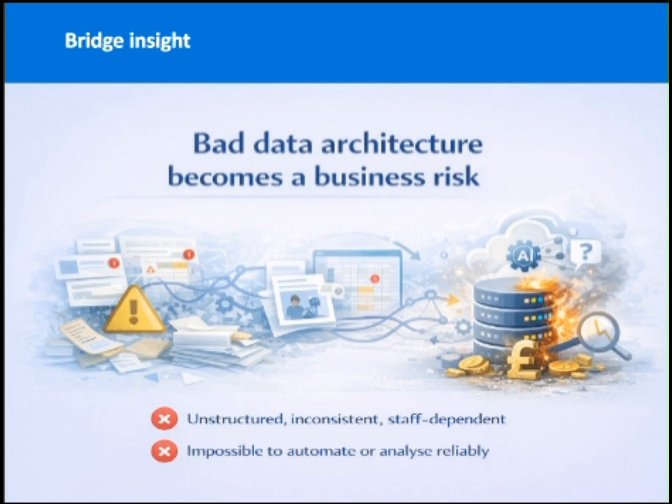When data is unstructured, inconsistent, depending on individual staff habits, it stops being merely inefficient, and it becomes risky. You can't automate reliably. You can't analyze consistently, and any AI layer on top becomes unreliable.